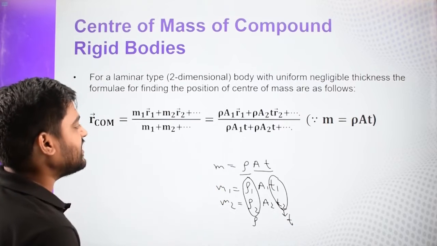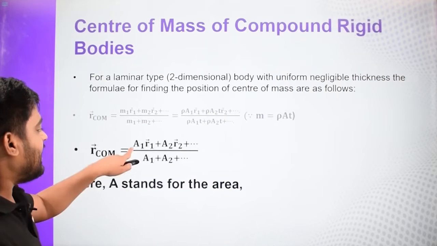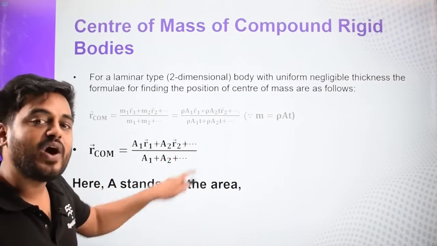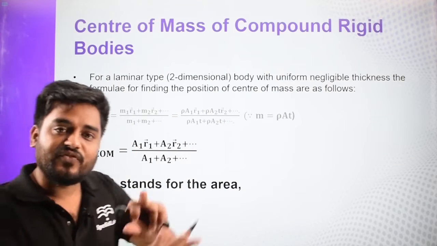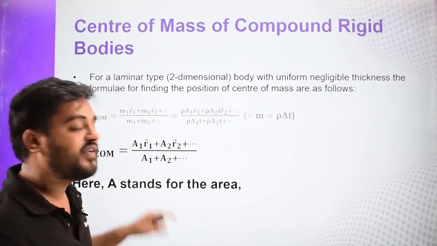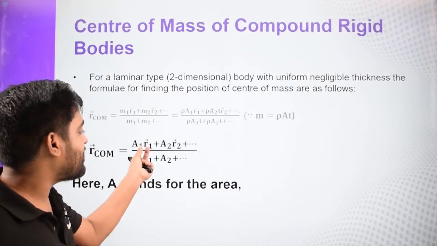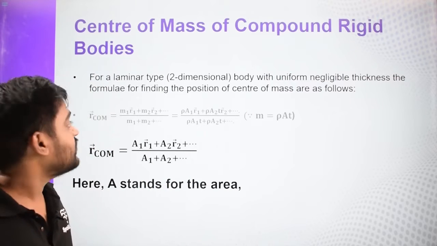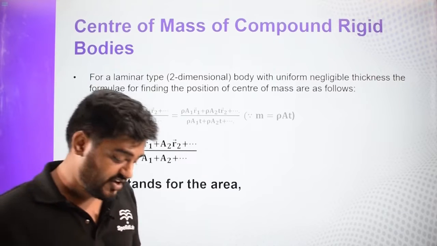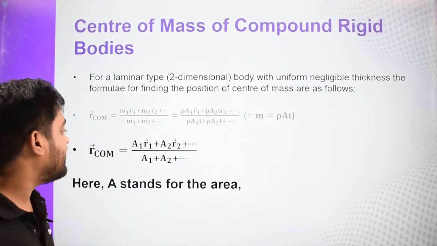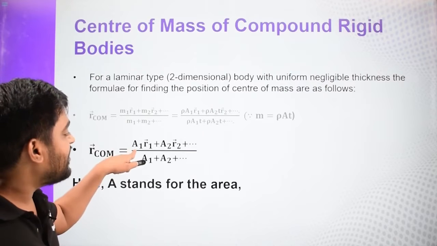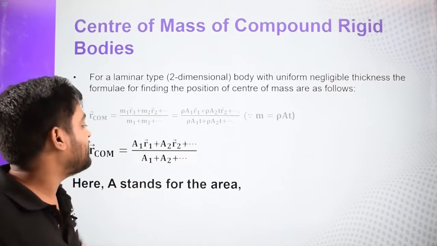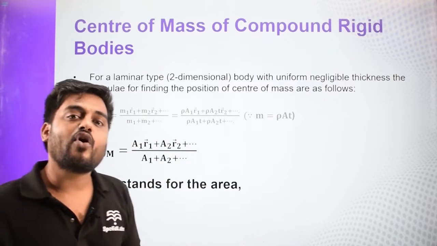The formula just becomes A1 R1 plus A2 R2, where A1 is the first area and R1 is the position of the center of mass of that area. This is how we can apply it area-wise for a 2D object. If it is a 3D object, the same thing can be done for volume. So it will be V1 R1 plus V2 R2 plus V3 R3 divided by the sum of all the volumes.